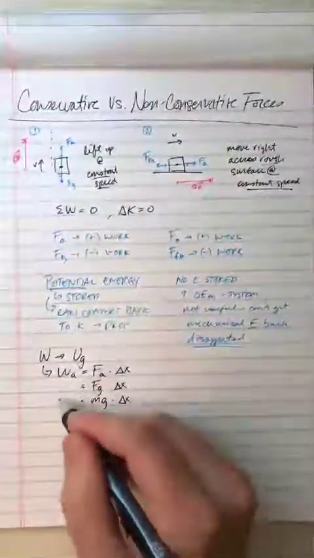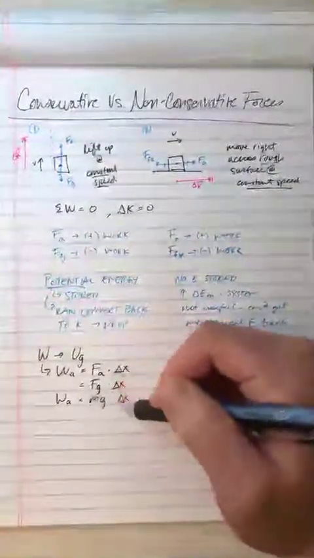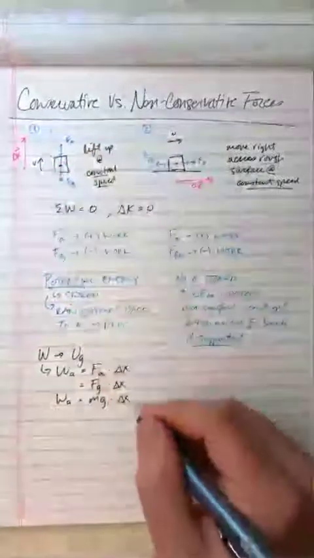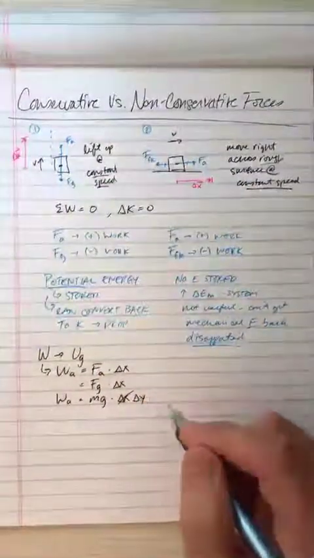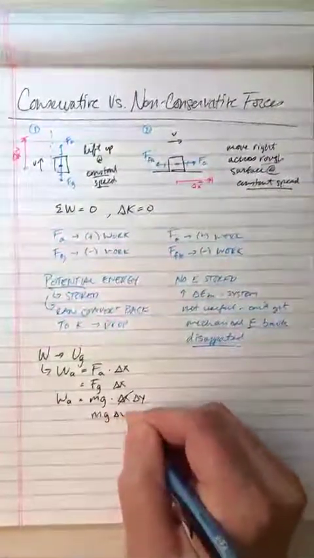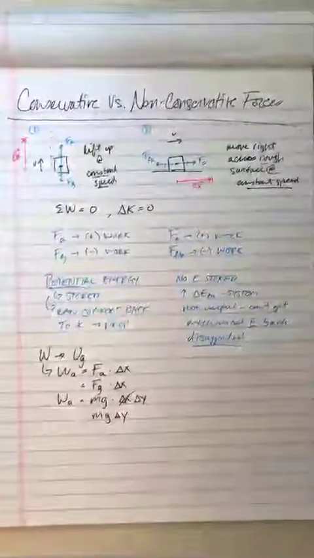And so the work done must be the force of gravity times the distance that the box is displaced. Well, now, since it's moving in the upward direction, we tend to call this delta y. And so this mg delta y is the amount of work that goes into raising a box a certain distance in a gravitational field. Well, that work now is useful stored energy.